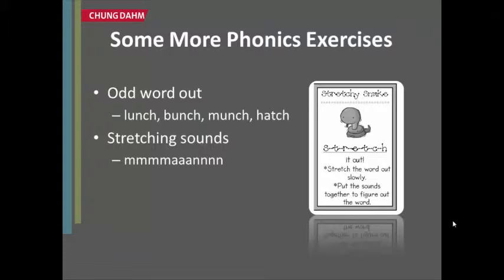For example, the word bat doesn't lend itself to being stretched out very well. However, words that have continuant sounds lend themselves very well to stretching out and students hearing the difference.